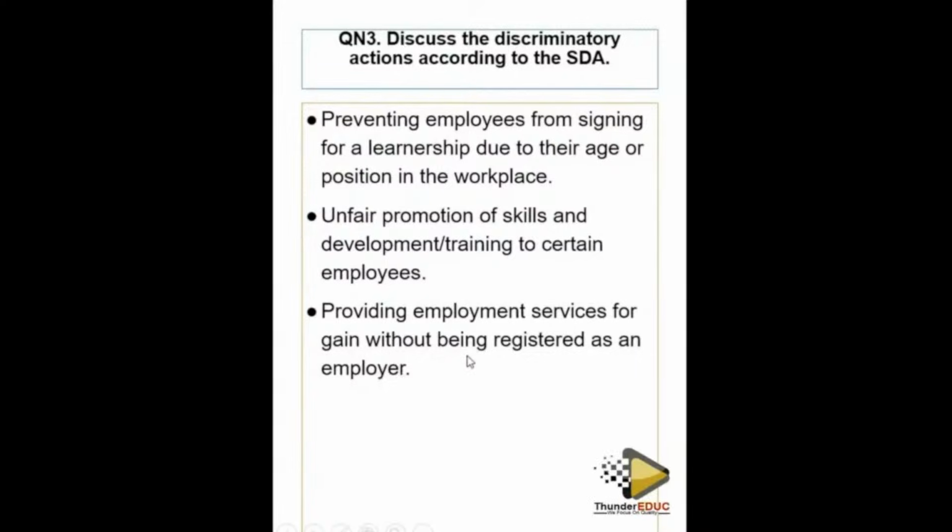So now the SDA says no to such businesses. So okay, moving on. Furnishing false information in any prescribed document. Some businesses, even when they see that they don't qualify, they provide fake information.